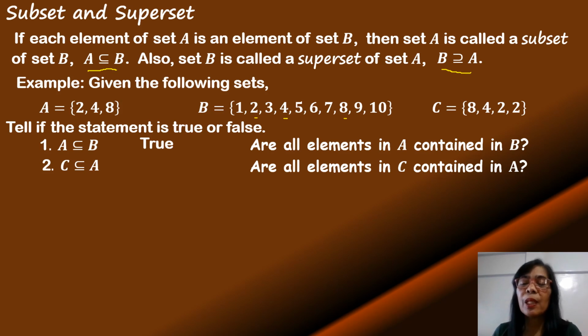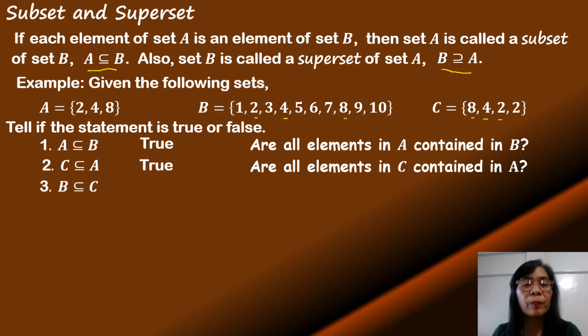Take note, in a set, an element which is written more than once is considered as the same element. So the elements are 8, 4, and 2. We look at the elements in set A, 2, 4, and 8. They are the same elements, and therefore the statement C is a subset of A is true.